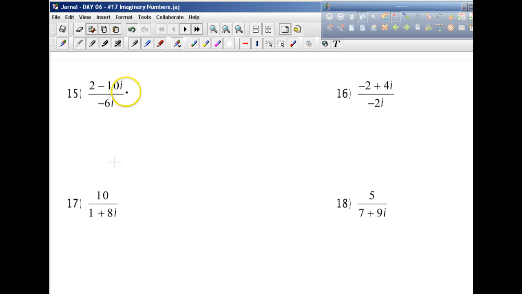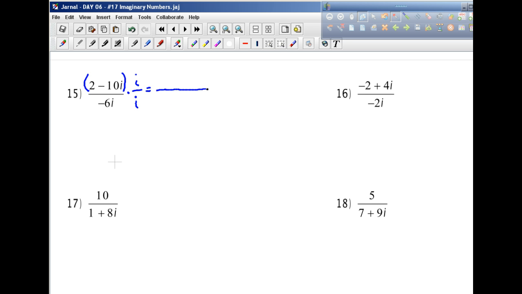Go down. If we have a binomial on top, we're just going to make sure we put parentheses because we're going to do the same thing but then end up distributing on the top. So i over i, or radical negative 1 over radical negative 1, right?